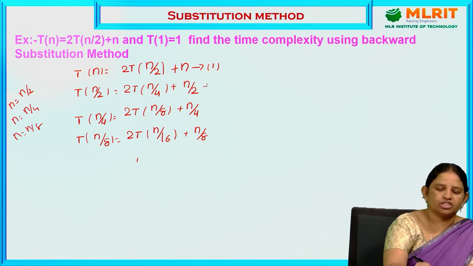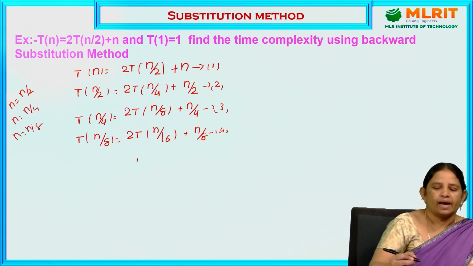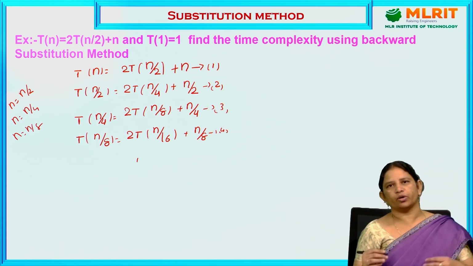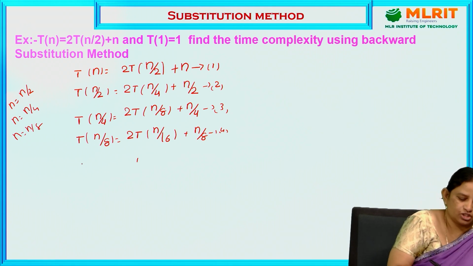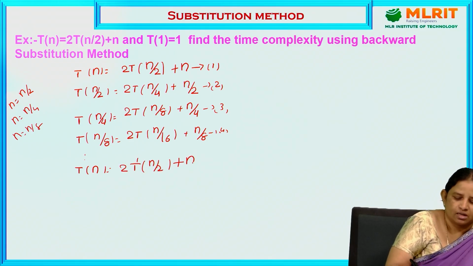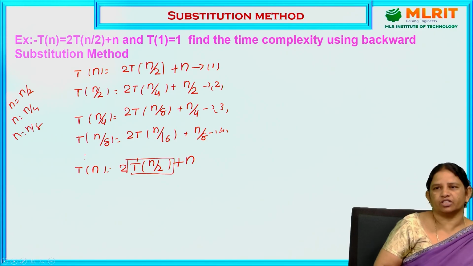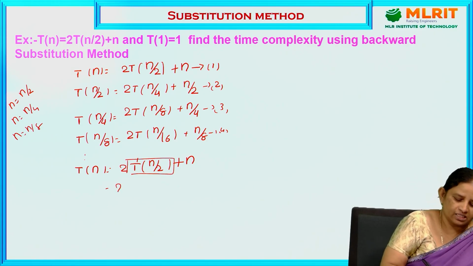Substitute equations 2, 3, 4 in equation number 1, we are going to get some terms. That is T of n equal to 2t of n by 2 plus n. We know the value of t of n by 2, that is equation number 2. So 2 is written as it is.